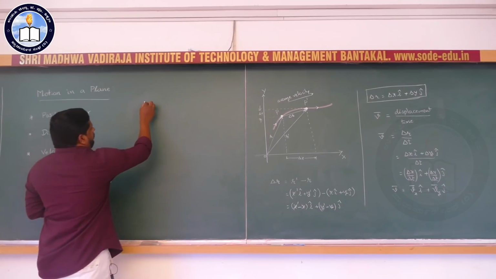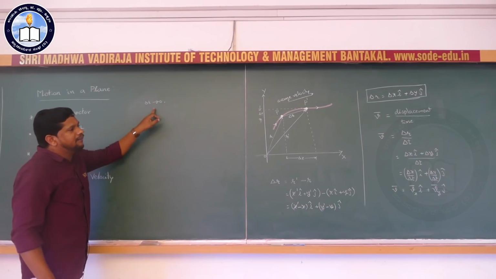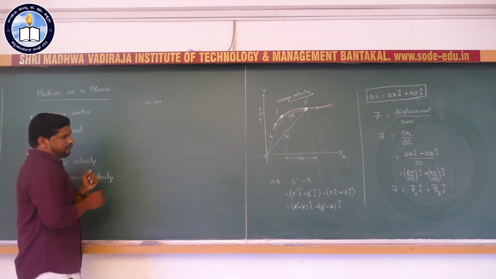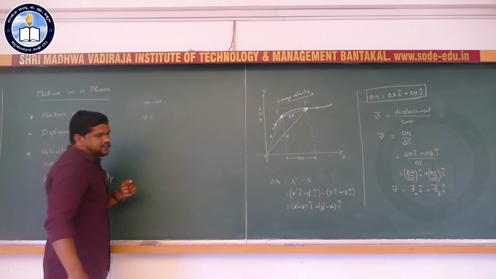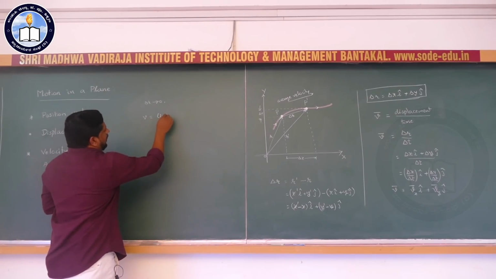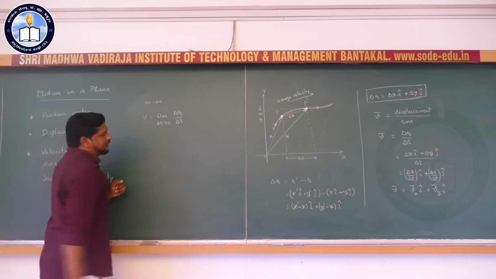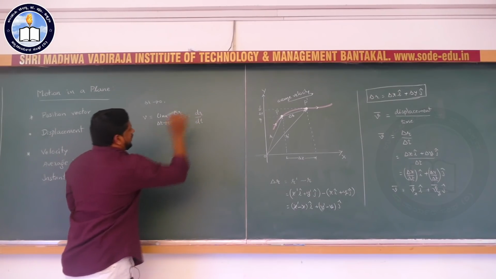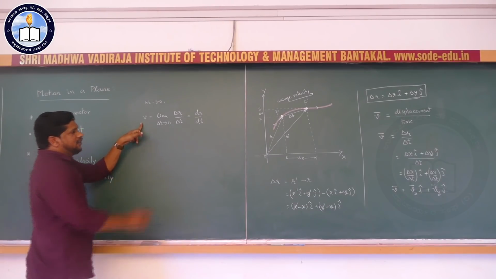If delta t tends to 0, that limiting value by considering the time interval approaches 0, then instantaneous velocity will be limit delta t tends to 0 of delta r divided by delta t. This is nothing but dr by dt, that will give you the instantaneous velocity.